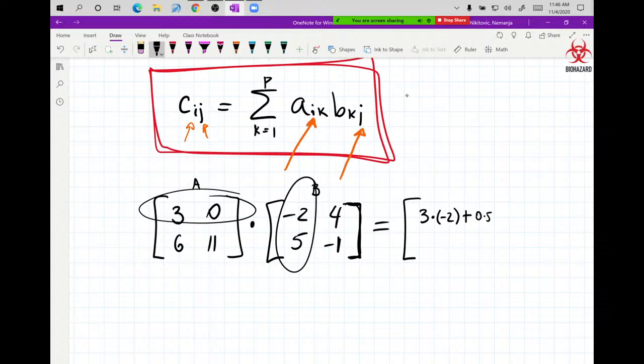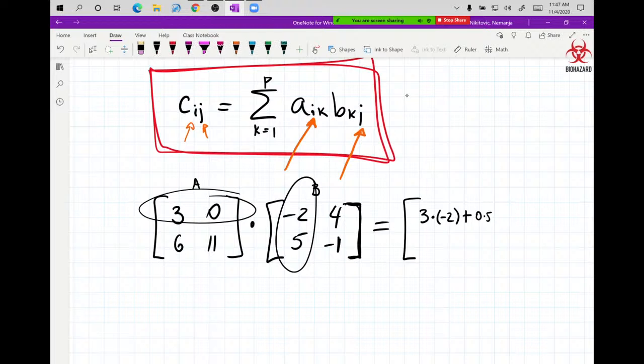And I'm writing that in the upper left because I have row 1 and column 1. Row 1 from A, column 1 from B. So they're both 1 and 1. And that's why my dump location for the solution is 1, 1. C_11, because I use the first row of A and the first column of B. Then they're both 1, 1. And the dump location for my answer is going to be 1, 1.